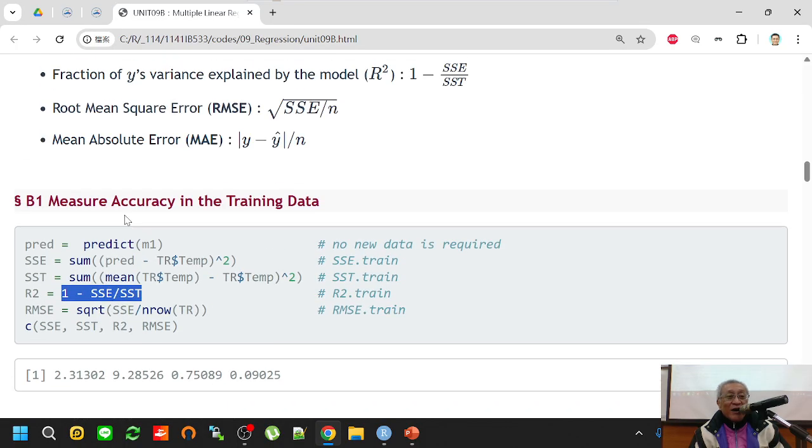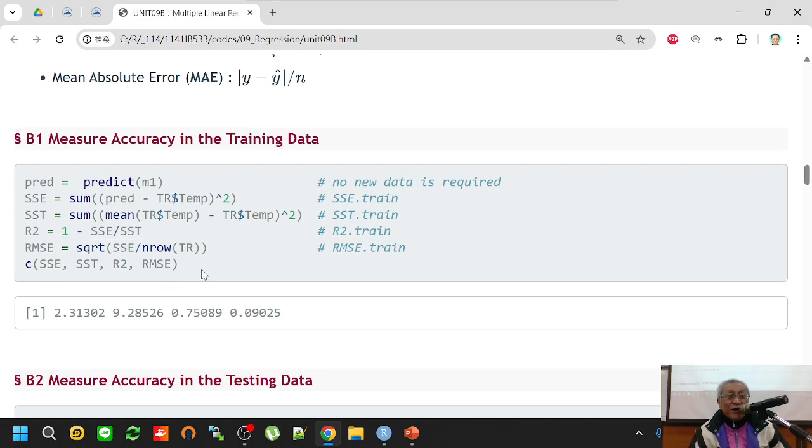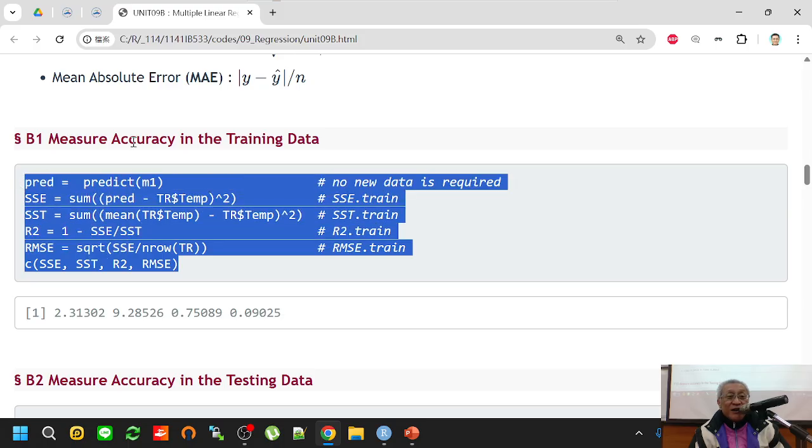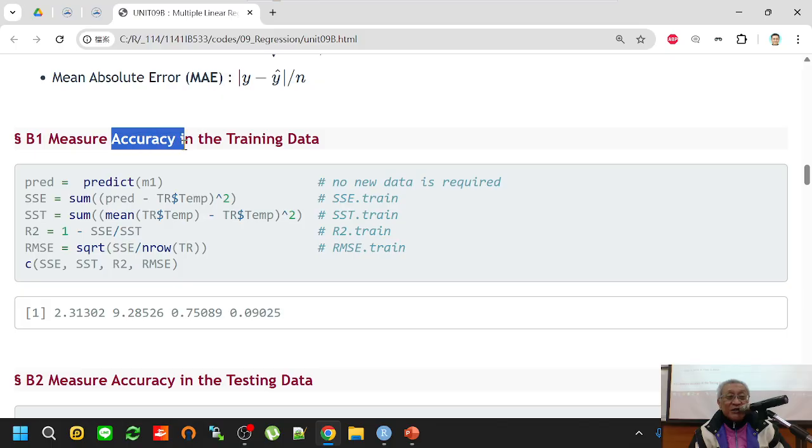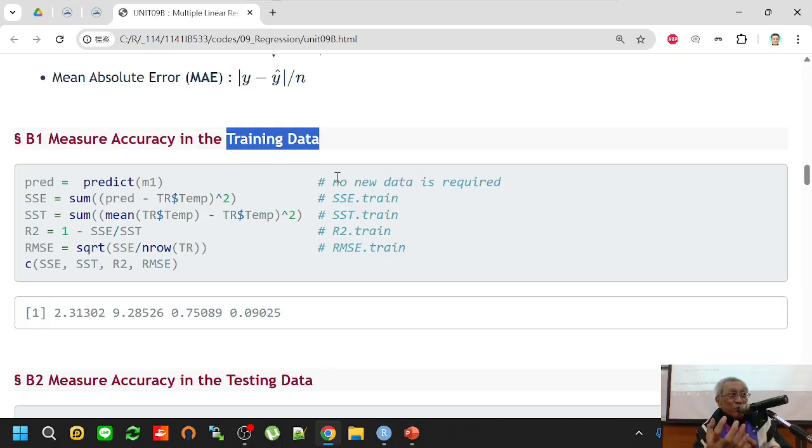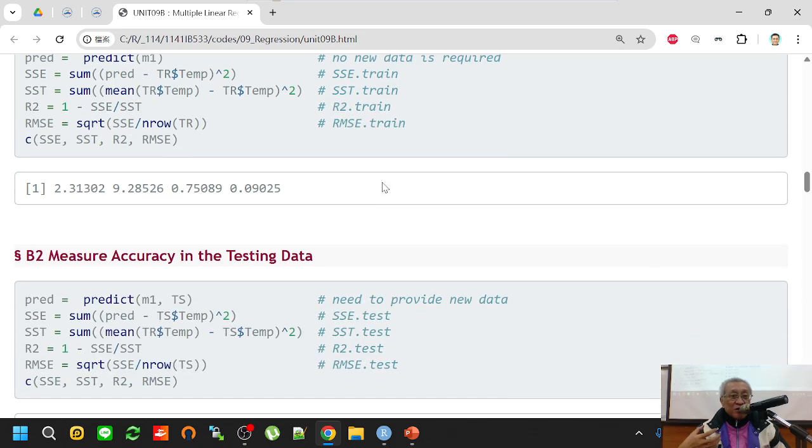But right now, remember that all of these things are the accuracy of the model on the training data set itself. And as I told you at the beginning of this hour, recently in data science we don't like to do that.